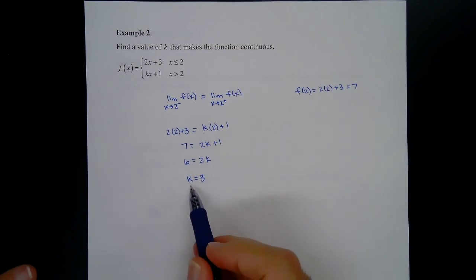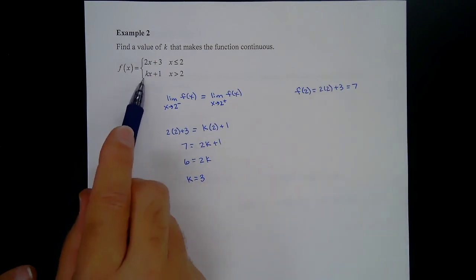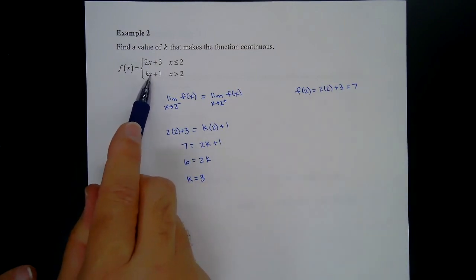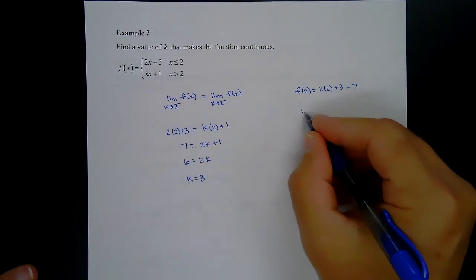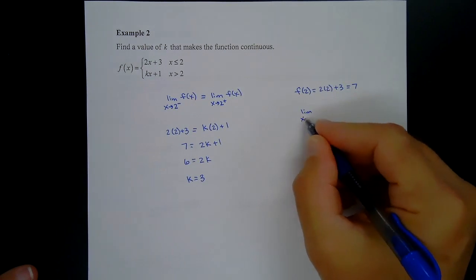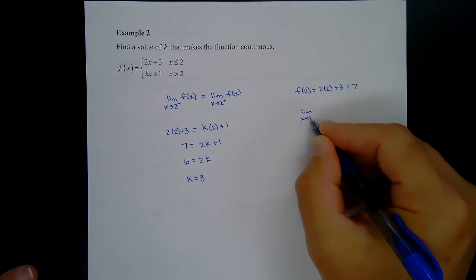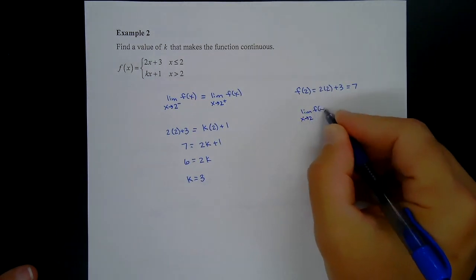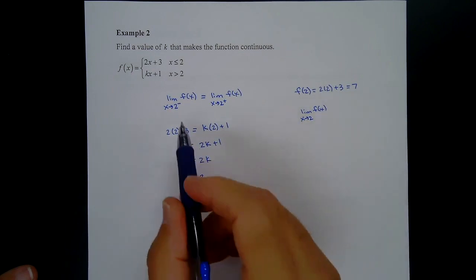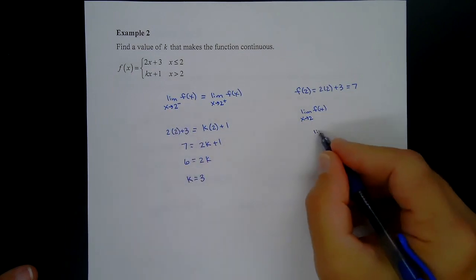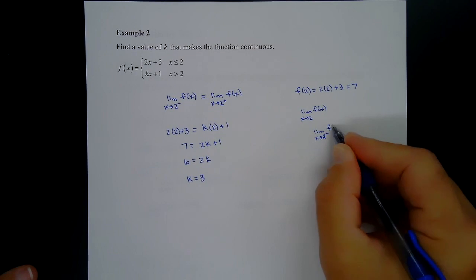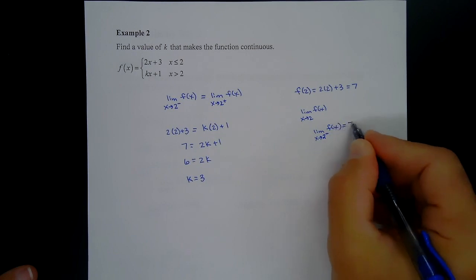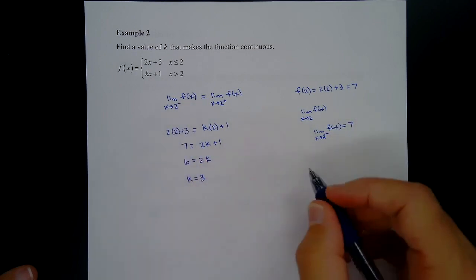So if k is equal to 3, then this would be 3 times 2, which is 6, plus 1, which is 7. So what we have is the limit as x approaches 2 of f of x. We already know that the limit as x approaches 2 from the left of f of x is equal to 7, because that's what this is right here.